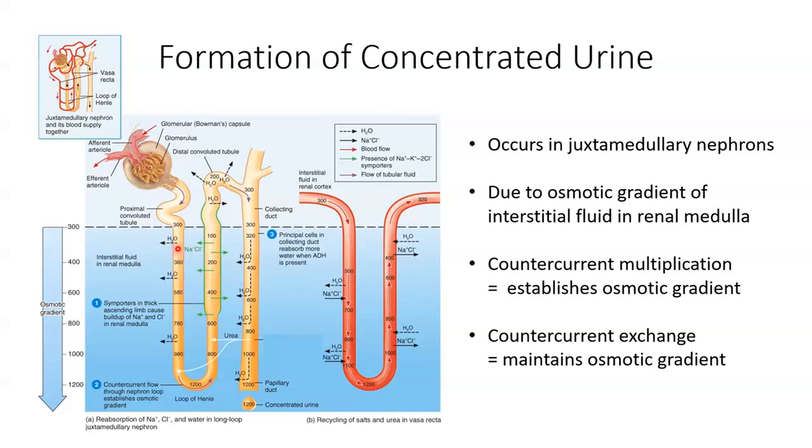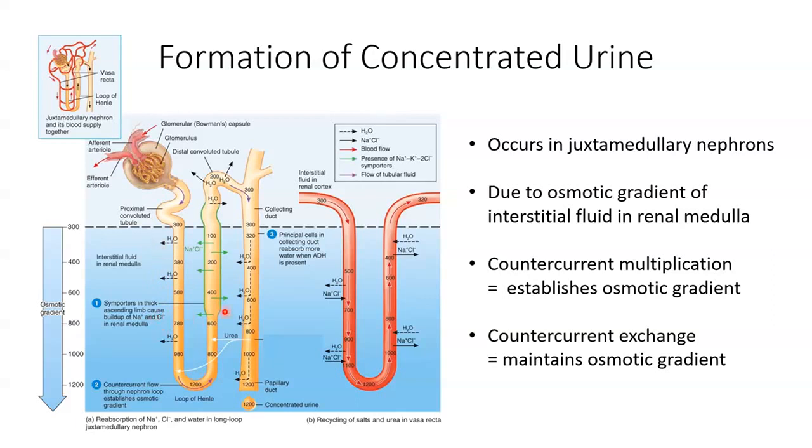To balance that out, we have water passively diffusing via osmosis out into that interstitial fluid. Now, as filtrate is constantly being formed up here in our Bowman's capsule, we constantly have filtrate moving through these tubules. Solutes are constantly being reabsorbed or actively pumped out into the interstitial fluid, and we constantly have water moving into the interstitial fluid here.